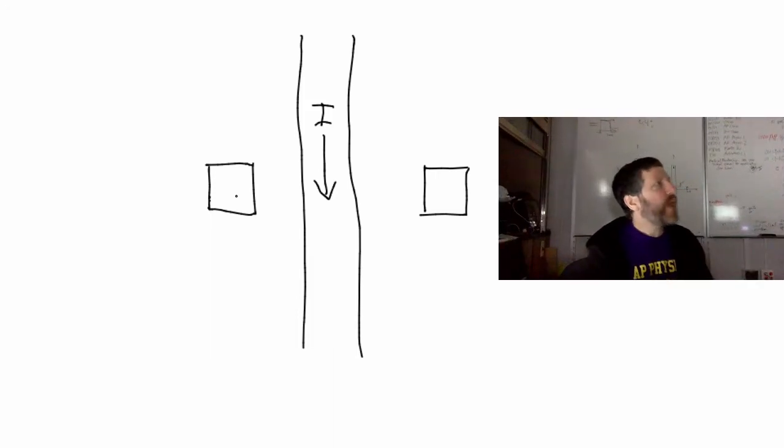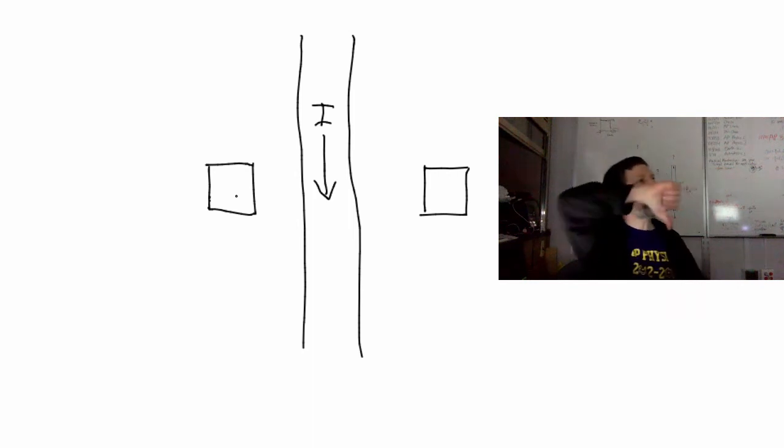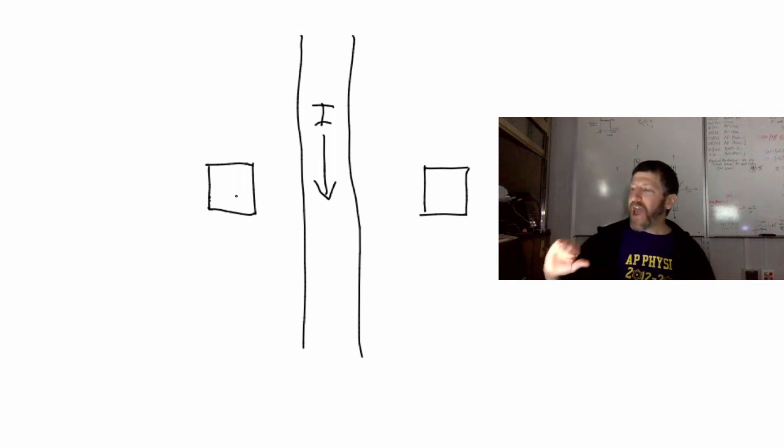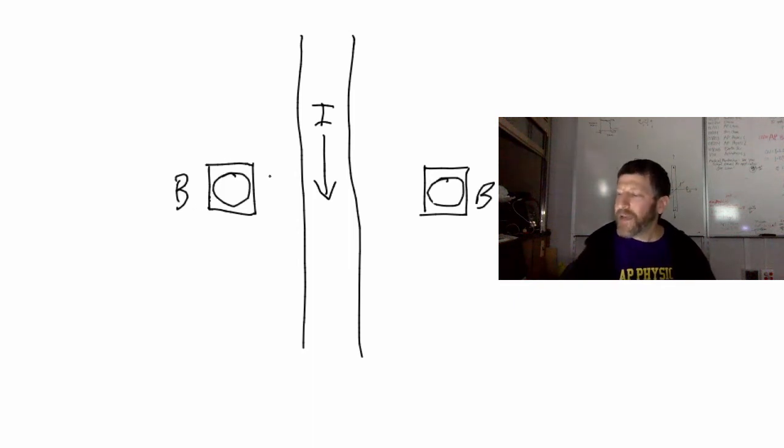So the wire right-hand rule: your thumb goes in the direction of current, so that'll be down like that, and then your fingers curl like the magnetic field. They're going to curl around this wire so that on the left side, right here, B is into the page, and then out here, B is out of the page.